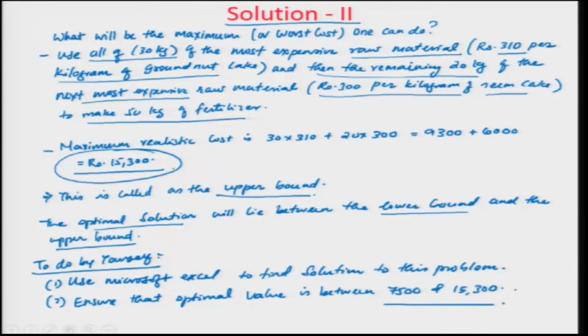If you do all of this by yourself, you have to use Microsoft Excel. There will be a tutorial. The tutorial will be given in this regard. You can use this tutorial to find out how to use Microsoft Excel to solve this problem, because Excel has a solver in which you can feed this kind of scenario and it will solve it for you. And ensure that the optimal value is between 7,500 and 15,300.